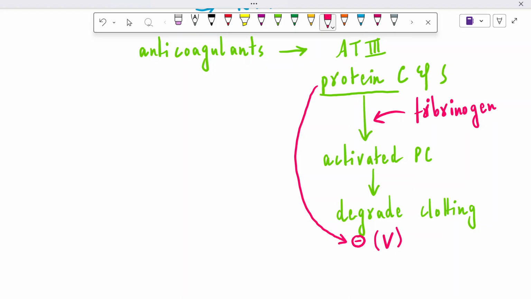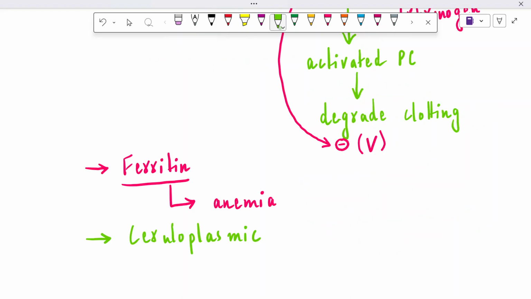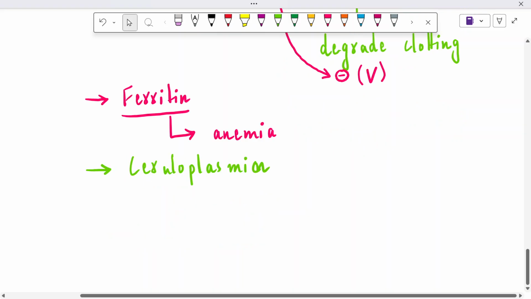And ceruloplasmin is also an acute phase reactant. It is activated in the beginning of inflammation, right? So ceruloplasmin is also lost into the urine, so copper transportation is also hindered in this way. The deficiency of ferritin causes anemia, along with the ceruloplasmin loss into the urine.